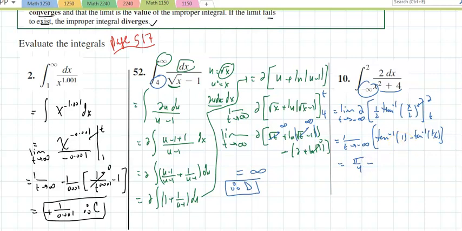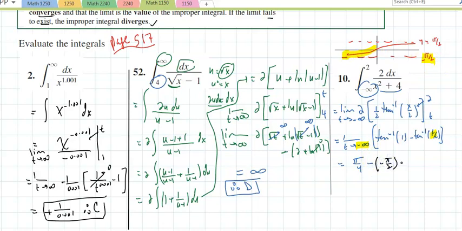As t approaches infinity, the only graph you're responsible to know out of the inverse functions would be the inverse tangent. And if you remember correctly how this works, as t approaches negative infinity of inverse tangent, this will level off next to a negative pi over 2.